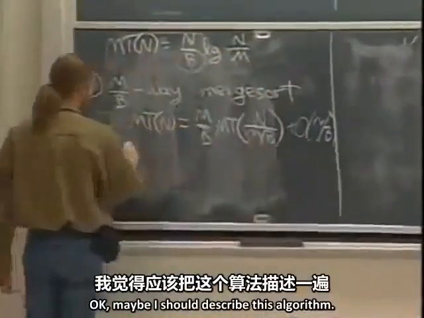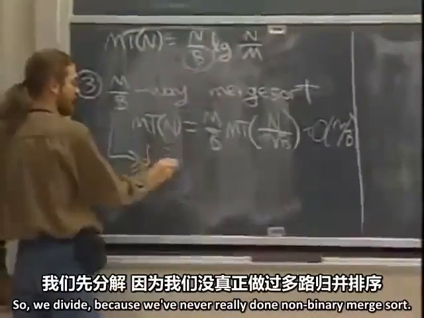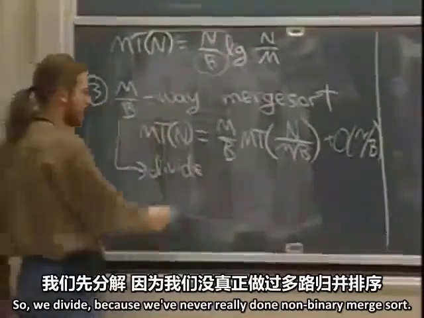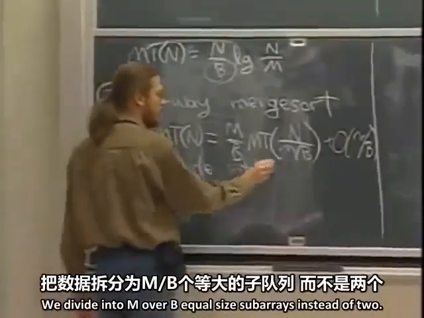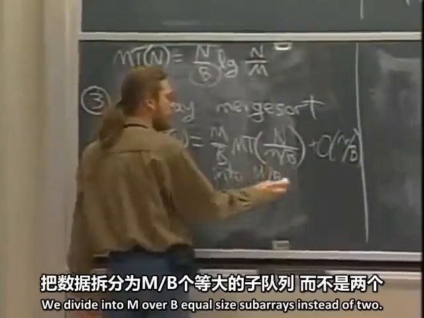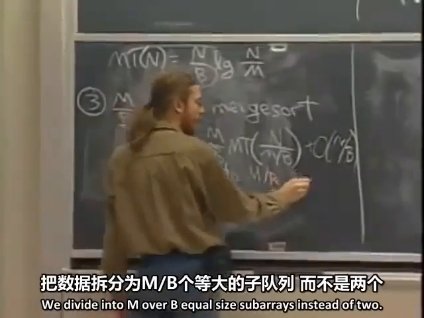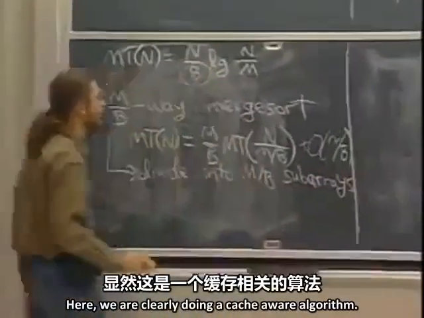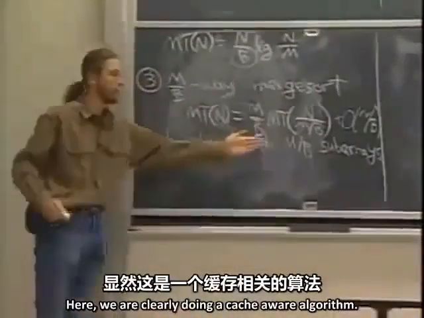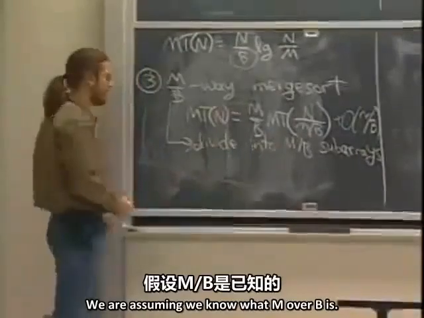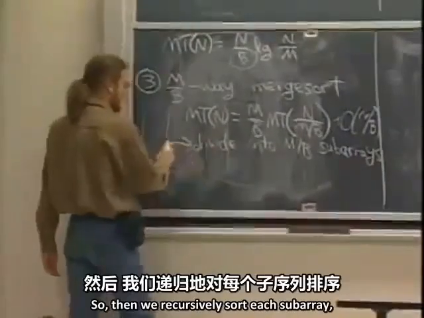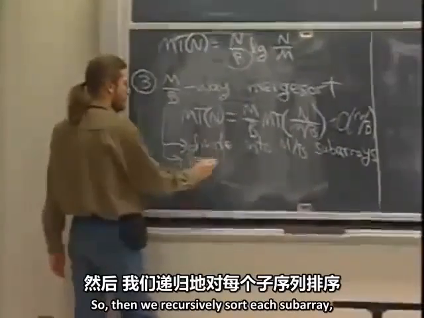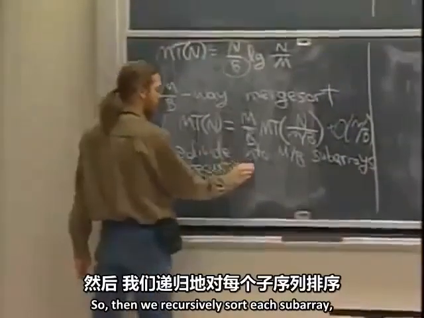Okay, maybe I should describe this algorithm, because we've never really done non-binary merge sort. We divide into M over B equal size subarrays instead of 2. Here, we are clearly doing a cache-aware algorithm. We're assuming we know what M over B is. So then we recursively sort each subarray.